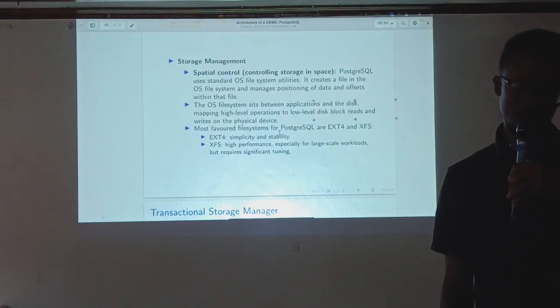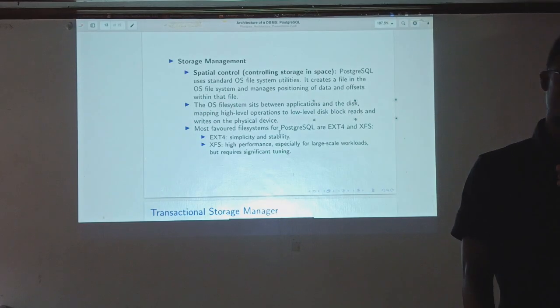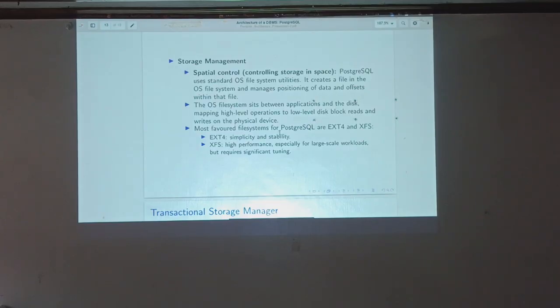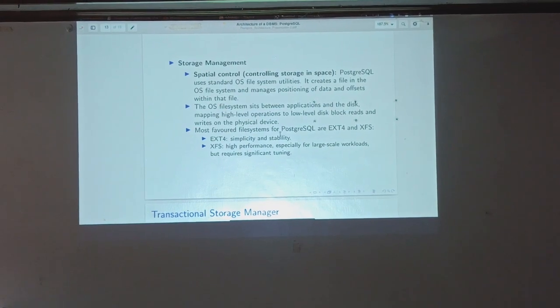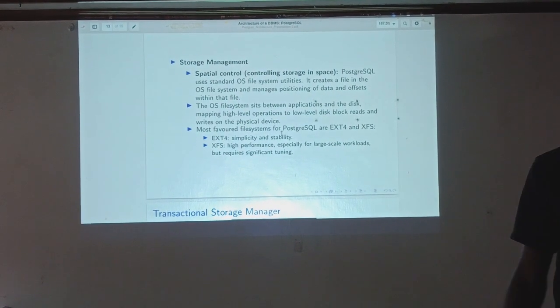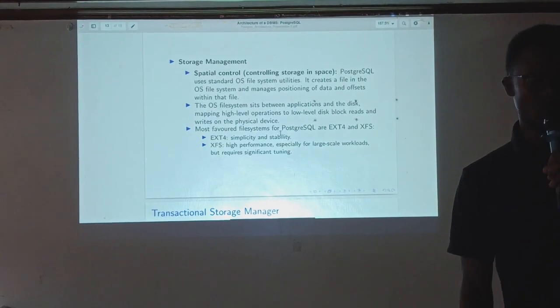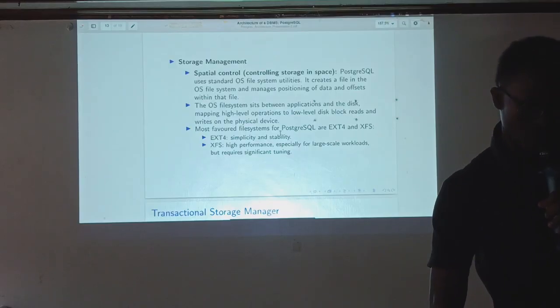Postgres usually uses standard OS file system utilities to do this. It creates a file in the OS file system and manages the positioning of data and offsets within that file. The OS file system sits between the applications and the disk and maps high-level operations to low-level disk block reads and writes on the physical device.